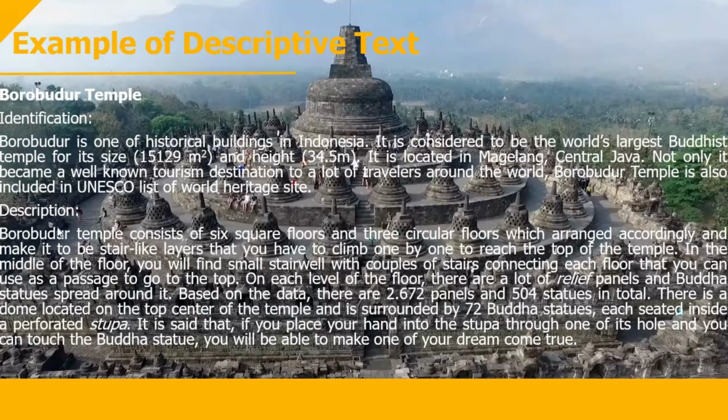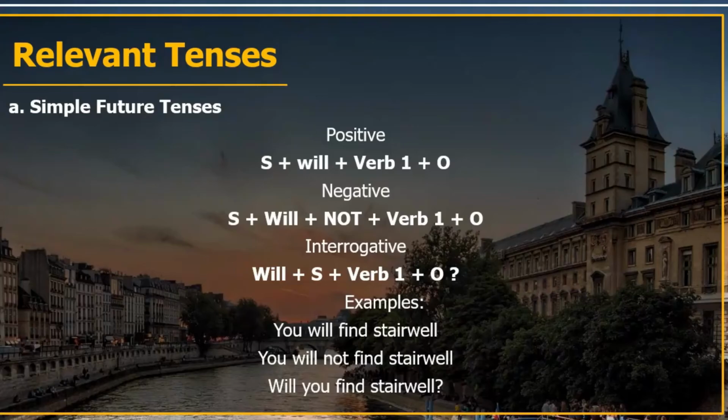And then the second one is description, which contains the main section, so we can find all the characteristics of the Borobudur temple, such as consisting of six square floors and three circular floors, which are arranged accordingly and make it a stair-like layer that you have to climb one by one.